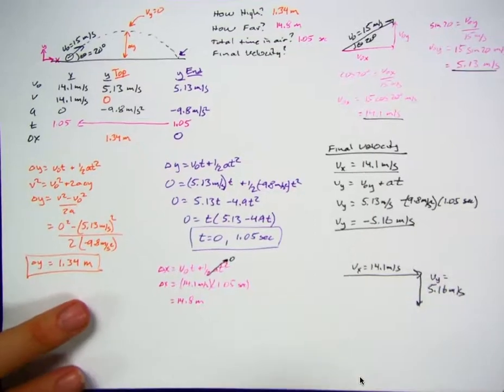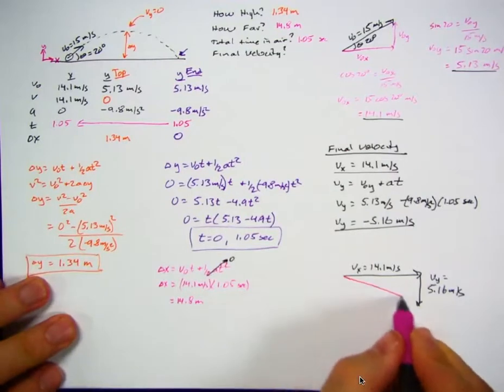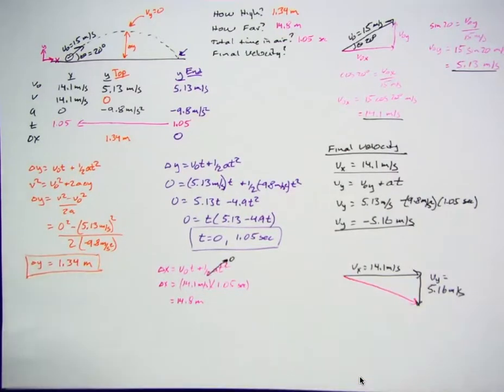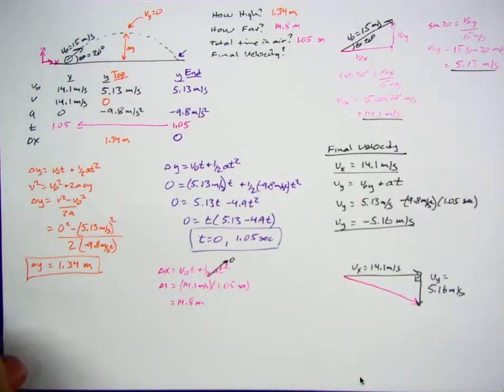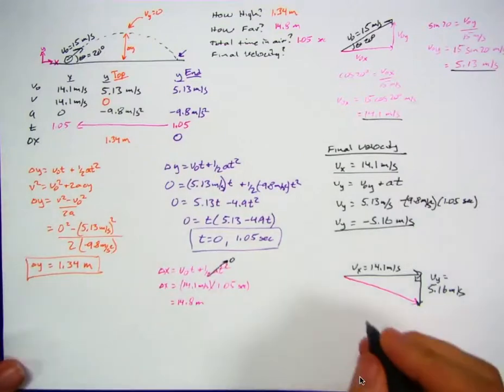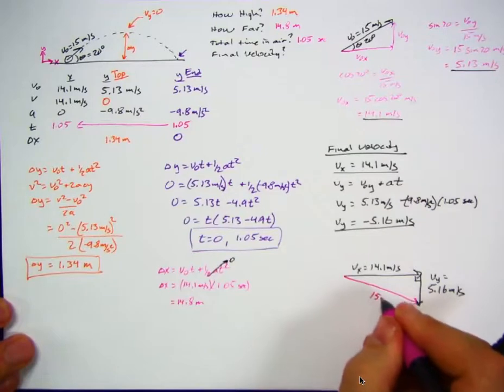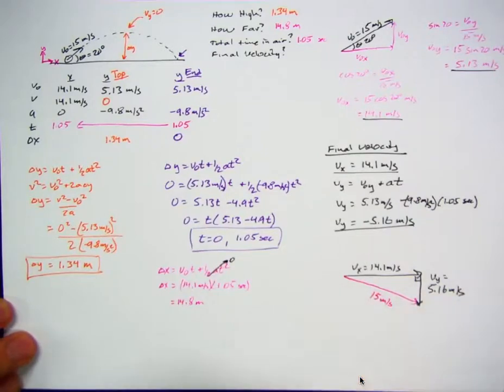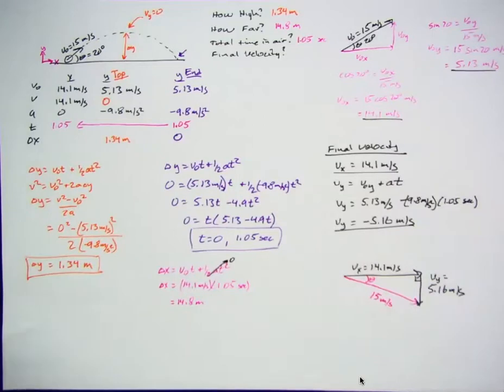And so then I can easily take my hypotenuse here and say the hypotenuse is just using Pythagorean theorem because I know that that's a right angle. So 14.1 squared plus 5.16 squared, and then square root the answer, and I get an answer of 15 meters per second. And I also have to figure out this angle, and in this case I'm just going to use my favorite trig function.